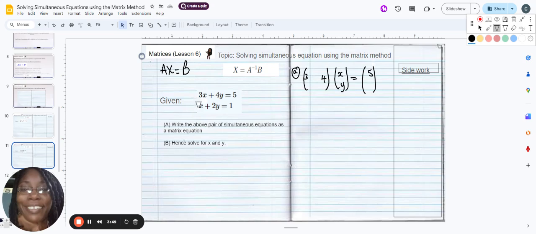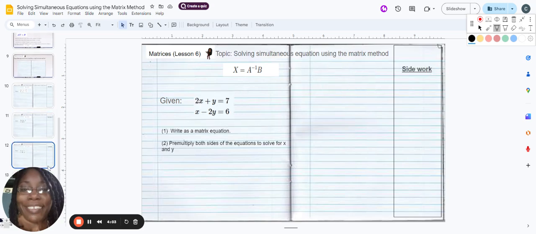Remember, if a letter is written without any number in front of it, the coefficient is 1. Here we're going to put 2, and the solution here is 1. All right, you can pause the video here and create your matrix equation to answer question 1.